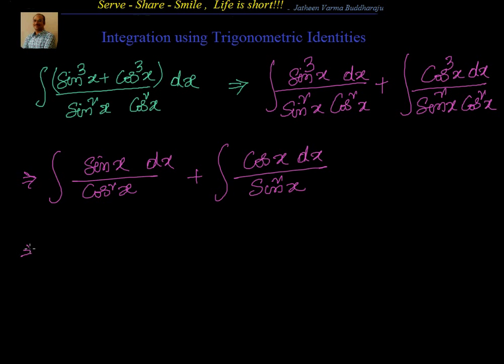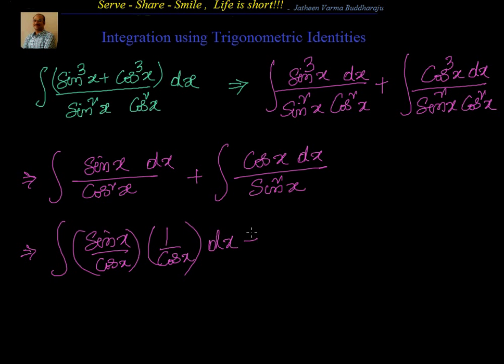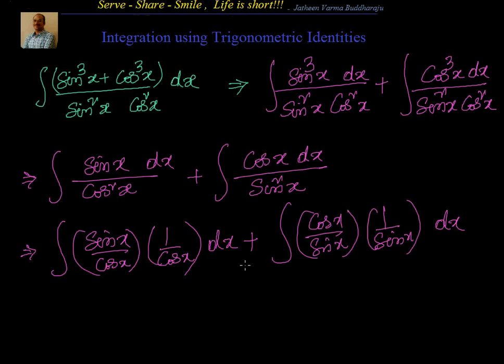Now we'll see what these functions will become. Sin x by cos x is tan x, so I can write it as integral of sin x by cos x into 1 by cos x dx plus integral of cos x by sin x into 1 by sin x dx.